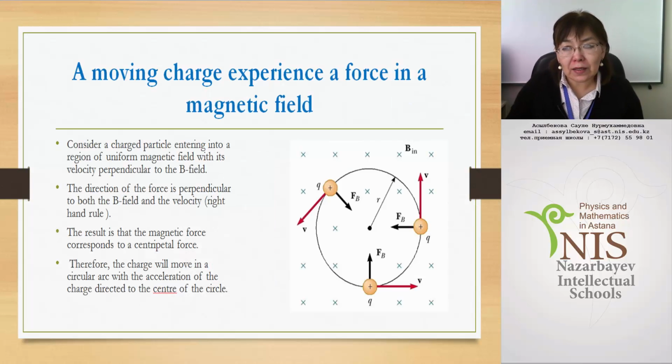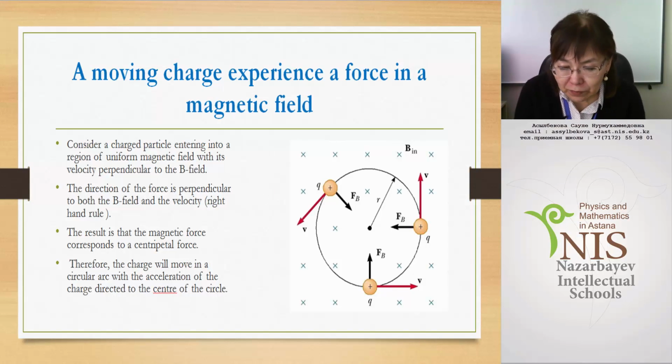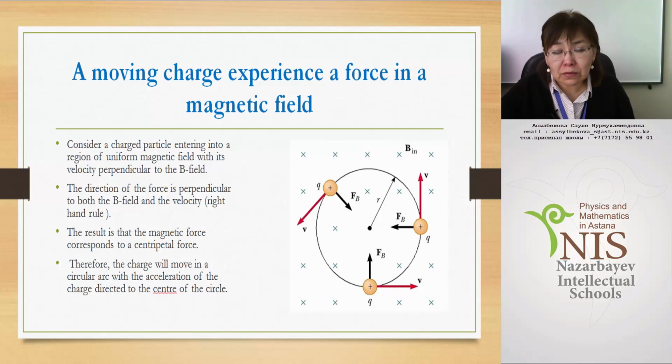We have summarized the things we have seen in the movie related to the charged particles. The main thing that happens with charged particles which enter the magnetic field region at a right angle is that they change their direction and move in a circular trajectory.